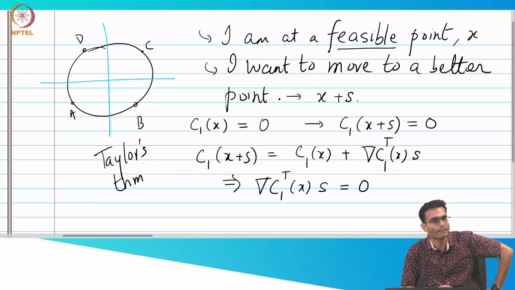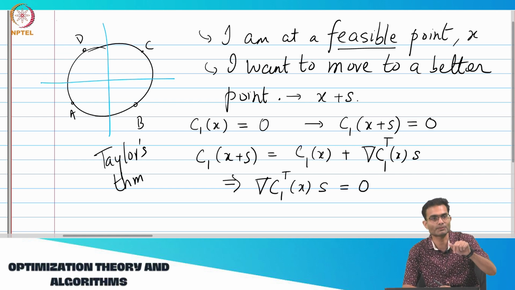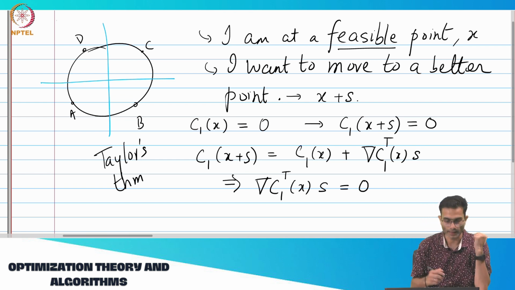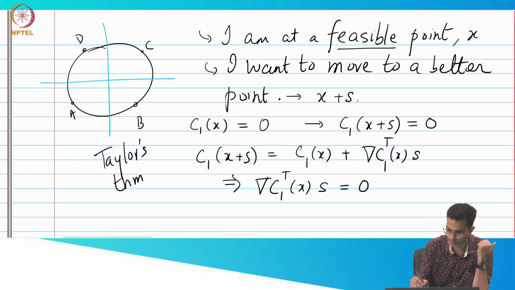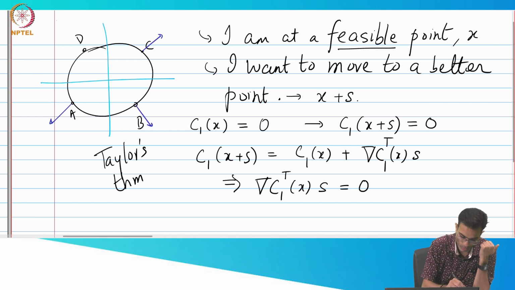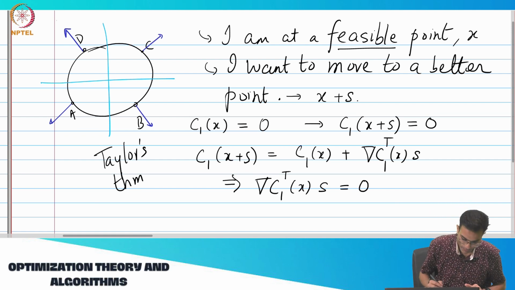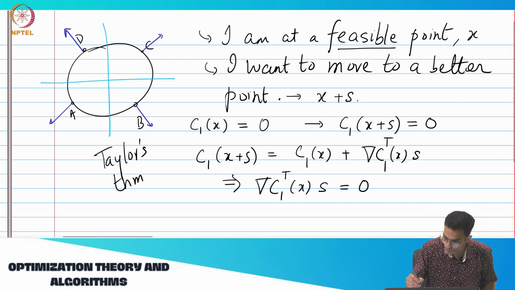Geometrically, what does this mean? That means this direction s in which I am going must be orthogonal to grad C1, and grad C1, as you saw in the previous slide, was always radially outwards. So, I know this. Let us now pick a point.